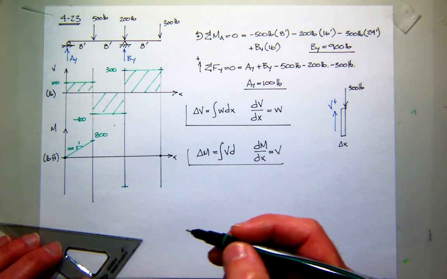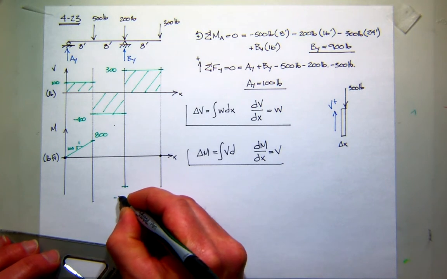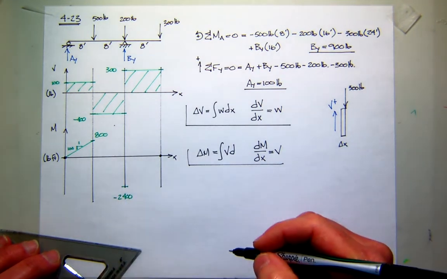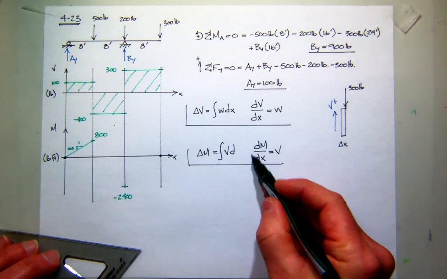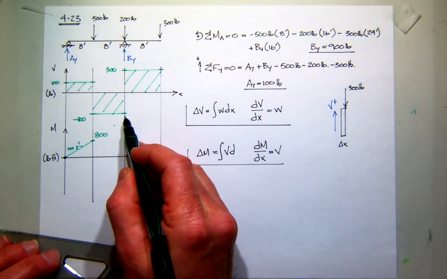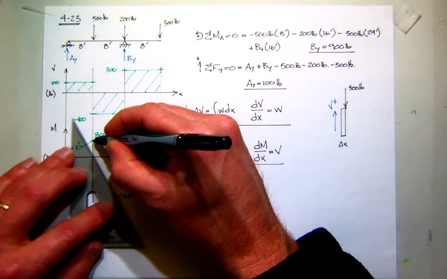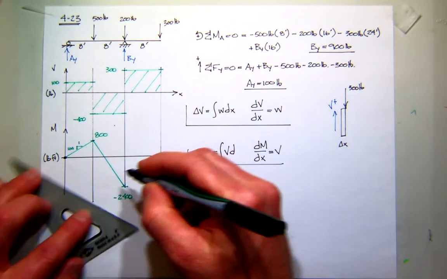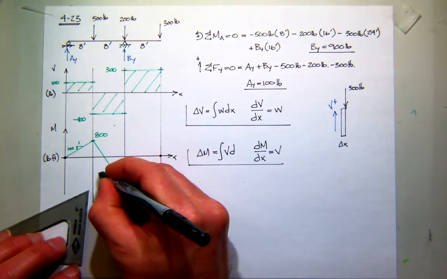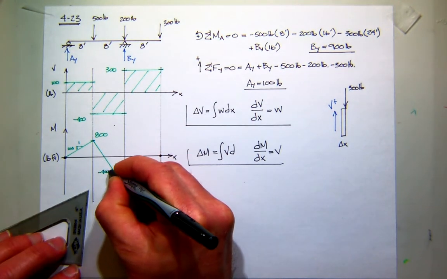So that's minus 2,400. What's the slope? Well, if you look up here, the slope is constant and it's negative. So here's a constant negative slope. In fact, if we marked it off, it would be minus 400 to 1.